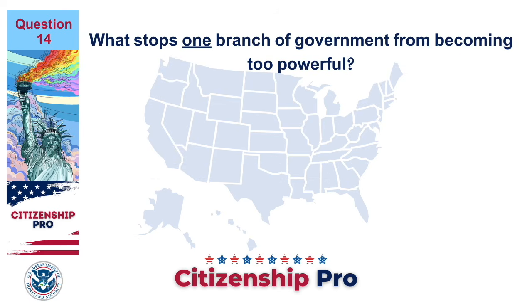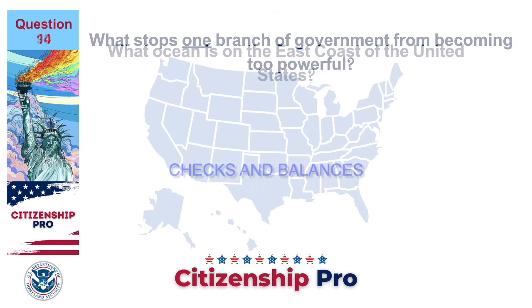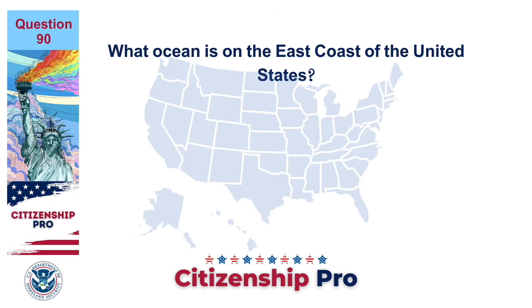What stops one branch of government from becoming too powerful? Checks and balances. What ocean is on the east coast of the United States? Atlantic Ocean.